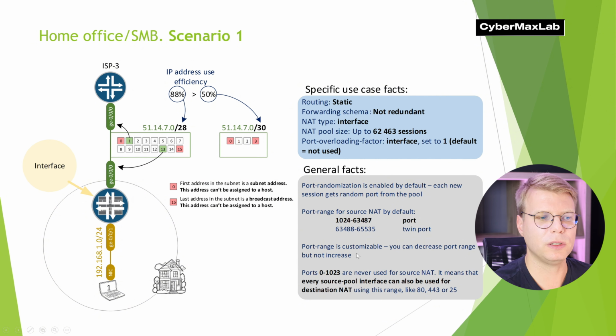And also ports from 0 to 1023 are never used for Source NAT. It means that you can use every single IP address you use for the Source NAT for the destination NAT as well, in the reverse direction, to translate or pass through services like HTTP, SSL, or SMTP.